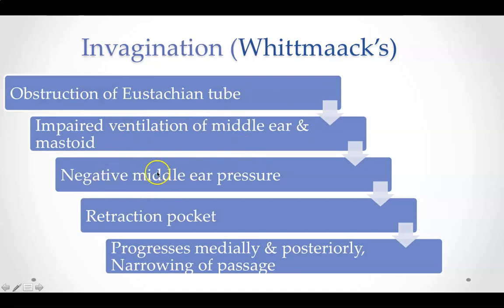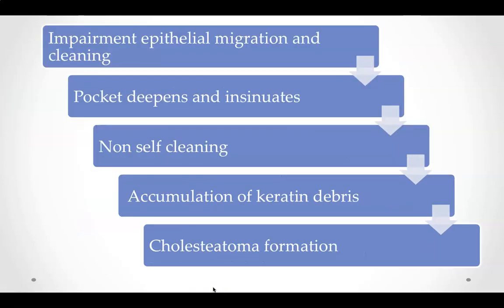There will be a negative pressure in the middle ear cleft, and that forms a retraction pocket, and there will be a medial retraction of the tympanic membrane. That causes narrowing of the passage of the middle ear cleft, and that's why there is an impairment in epithelial migration and cleaning.